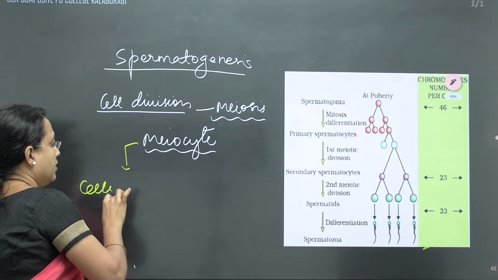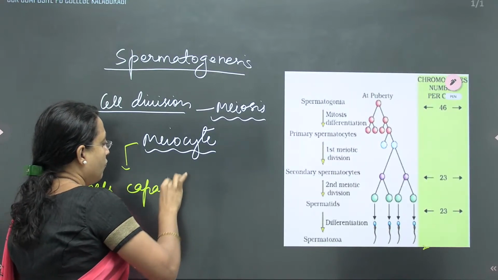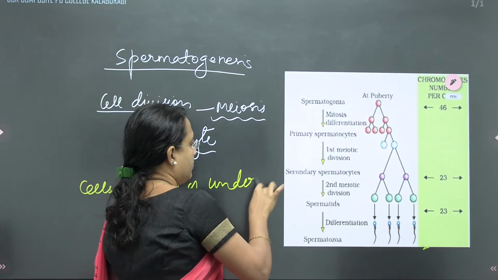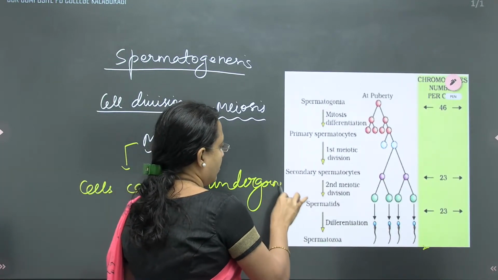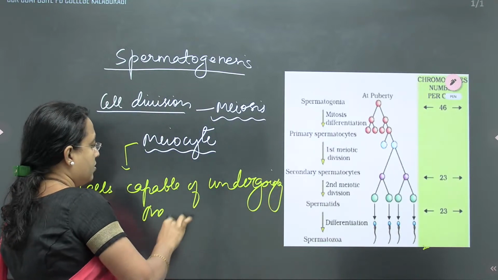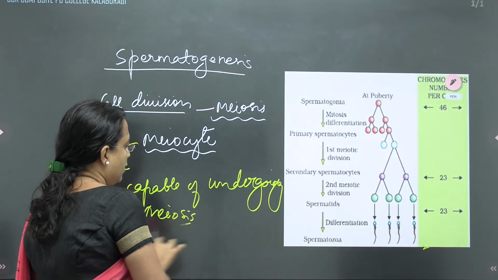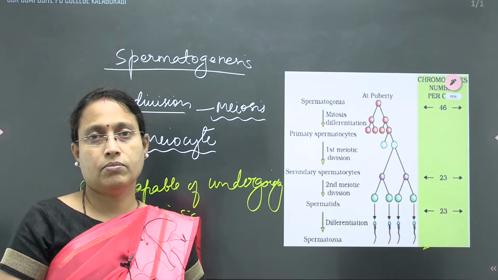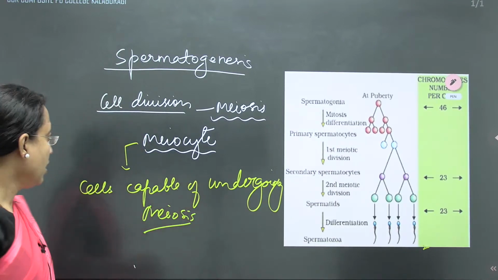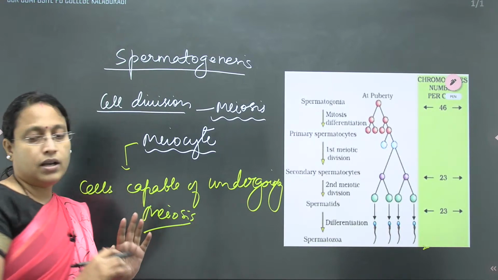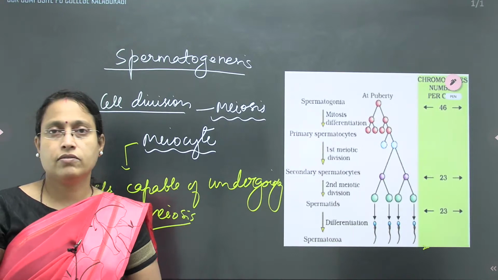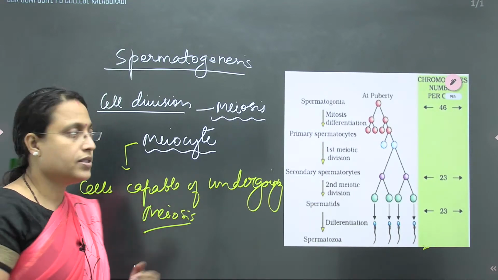Cells capable of undergoing meiosis are called meiocytes. So this was the introduction for spermatogenesis.